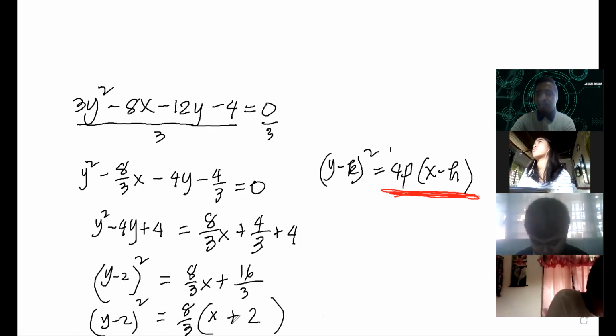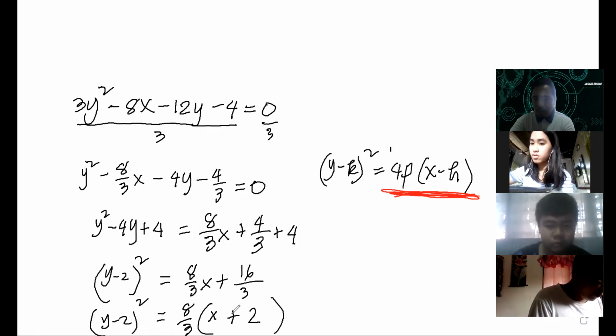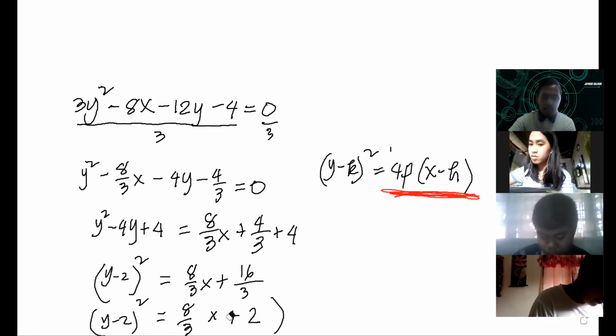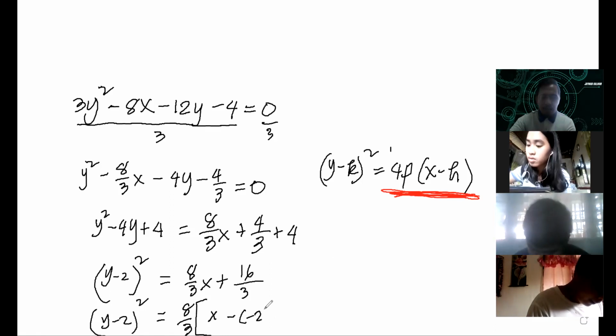And to make it exactly the same with this form, you should make it minus. Let us change that one. That is plus 2, it can be written as x minus the negative 2.